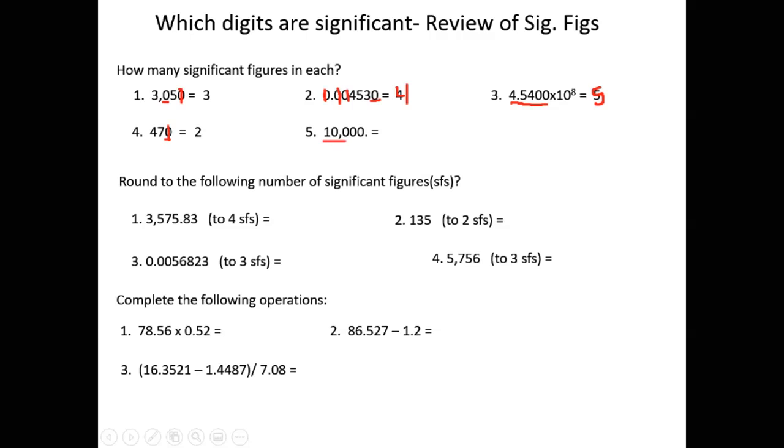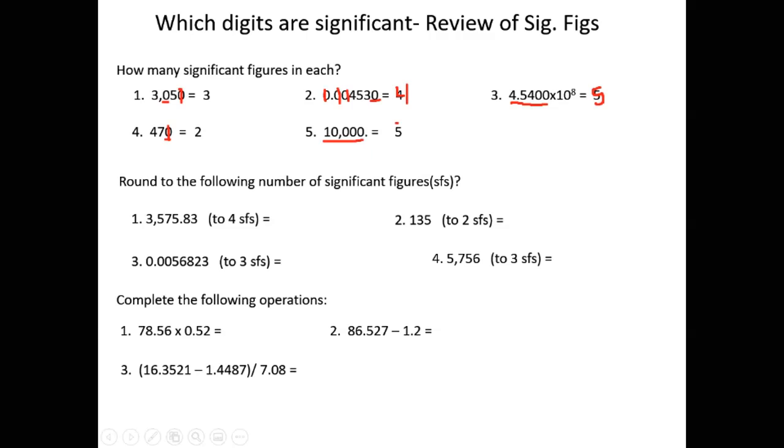All of these digits are significant, so this has 5 significant figures. Make sure you refresh on the rules for significant figures. In the lecture notes I posted for chapter 1, I include the rules in case you want to refresh.